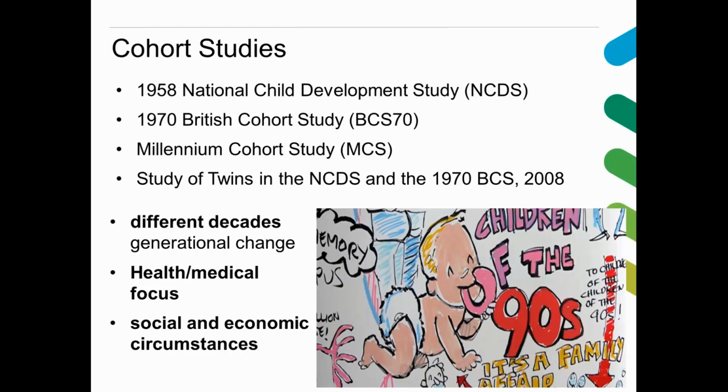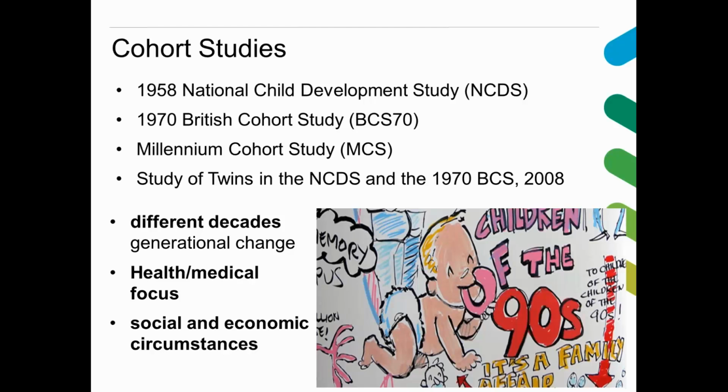Now, a slightly different type of longitudinal study is the cohort studies. Again, these are run regularly, although they're not every year, they're run slightly less frequently, and they do follow the same people over time. But this time, the sample is made up of people who were born within a specific week in a specific year.